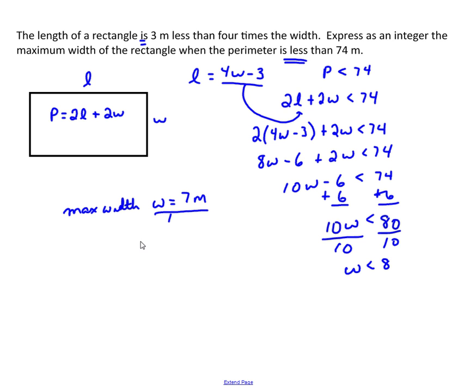The conditions were that it is an integer, right? 7 is certainly an integer. And the only way that value works is if the perimeter is less than 74. And we've just shown that the perimeter is less than 74 when the width is less than 8. So the width must be less than 8.